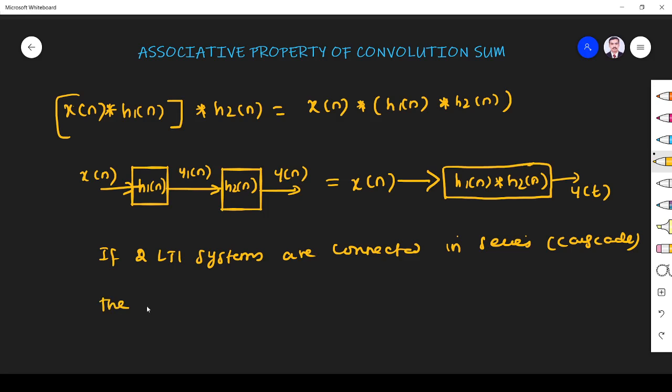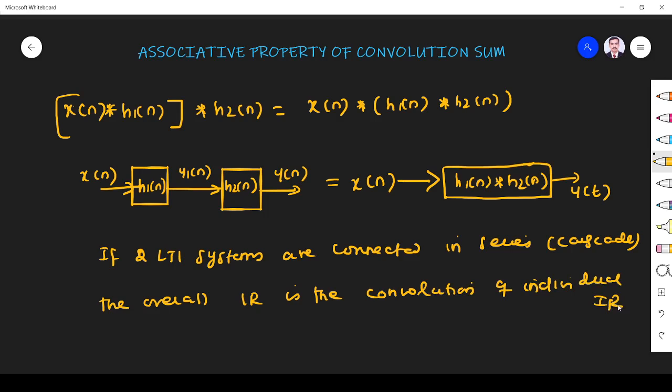The overall impulse response is the convolution of the individual impulse responses. Here you see, these are the individual impulse responses. The overall impulse response is the convolution of the individual impulse responses h1[n] and h2[n]. This is the meaning. This is a very important statement.